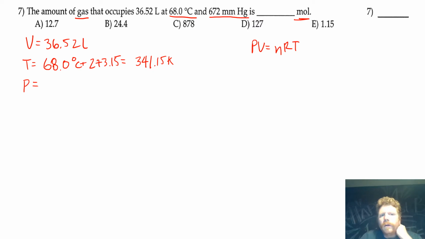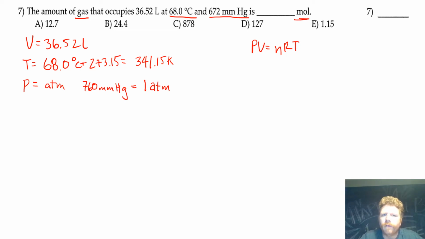You need to convert your pressure into atmospheres, or ATM, and you have to know the conversion: 760 millimeters mercury is equal to 1 ATM. Sometimes you might see 760 torr, which is another unit; 760 torr is equal to 760 millimeters mercury, which goes back to 1 atmosphere.